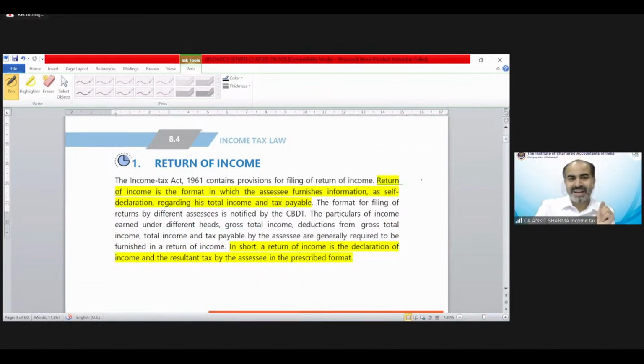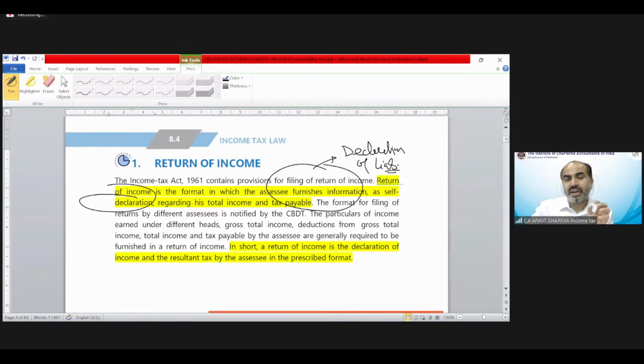The Income Tax Act 1961 contains provisions for filing of return of income. The return of income is the format in which the assessee furnishes information. That information is called a declaration of liability, a self-declaration regarding his total income and tax payable.